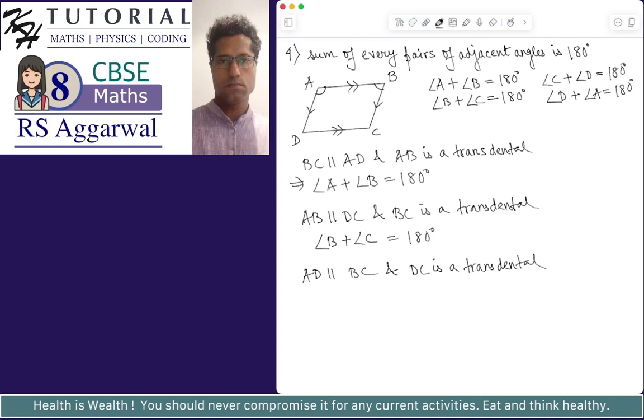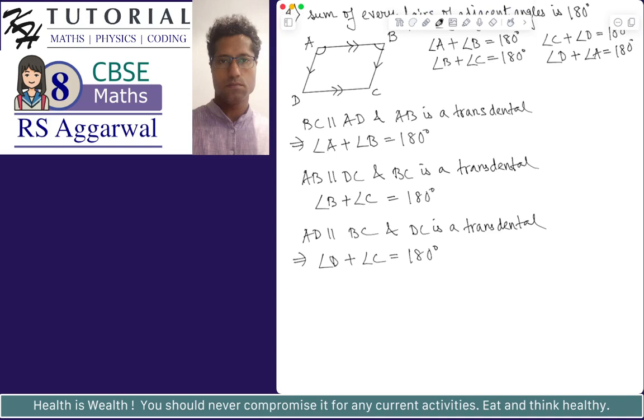The side DC is a transversal. So considering DC a transversal and the pair of lines AD and BC, we can say that angle D and angle C are two interior angles on the same side of the transversal. So we can say angle D plus angle C is equal to 180 degrees.